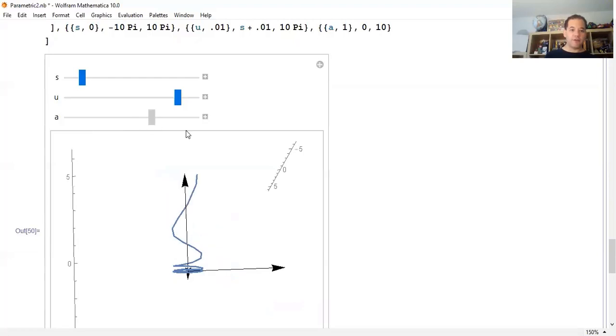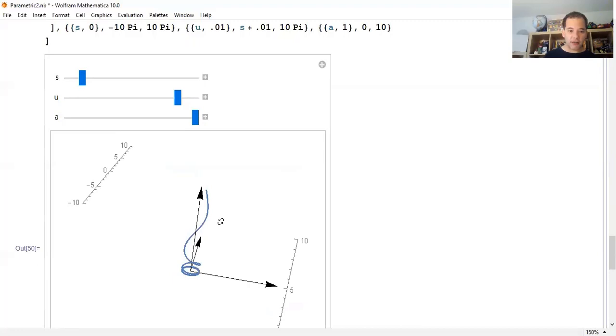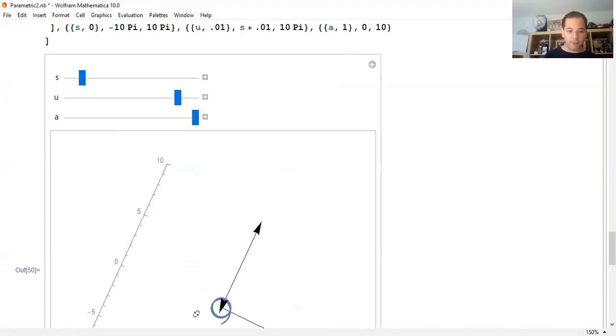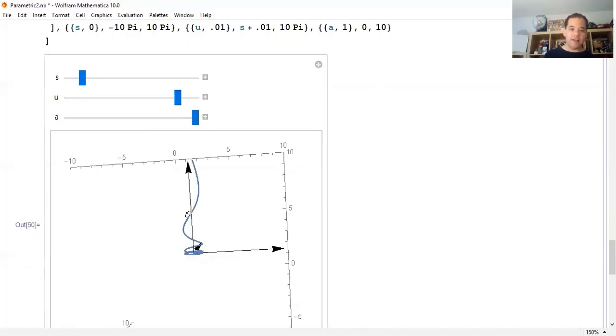It's winding in the x and the y, and from the top it looks like a circle, right? But on the z coordinate, at the beginning it drops quickly and then it goes to 0 and slows down. So then we just wind and wind around.